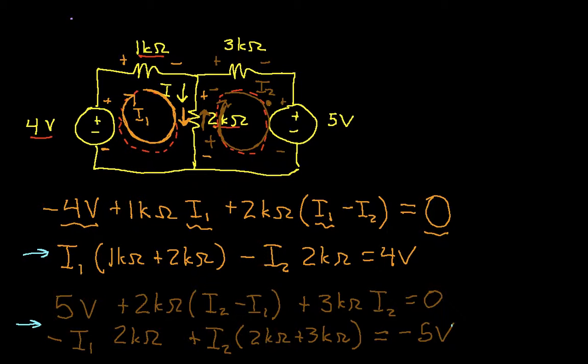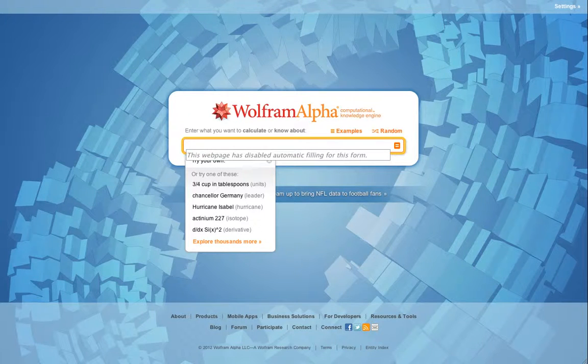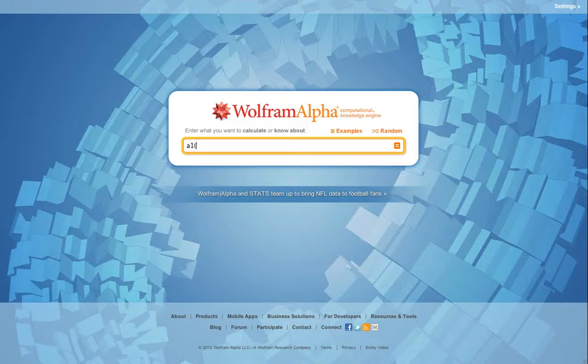Okay, so the first equation will be I1 times 1K ohm plus 2K ohms minus I2 times 2K ohms. And I think I'm going to change this from I1 to just A1, because Alpha tends to think of I as the square root of -1.